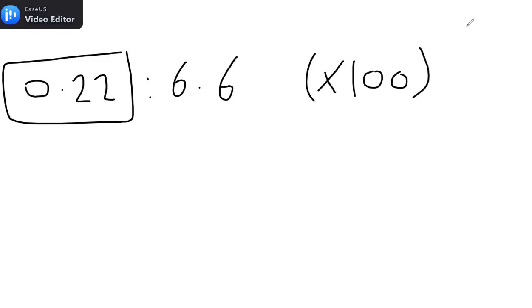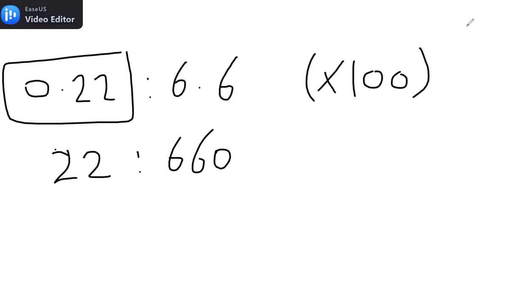Multiplied by 100, the first number will be 22. Multiplied by 100 will make the second number 6.6 into 660. Now the ratio becomes a ratio between whole numbers, so we can put it in the simplest form.